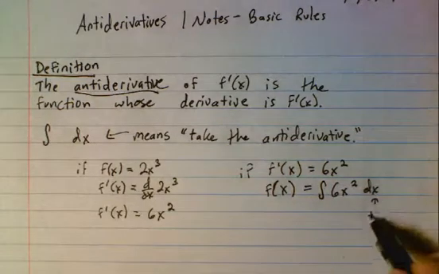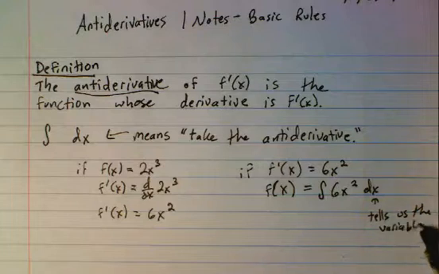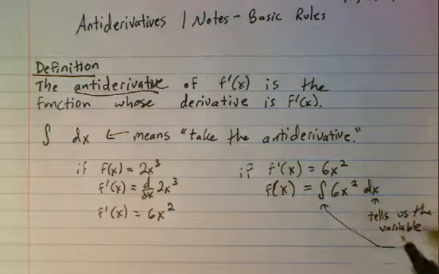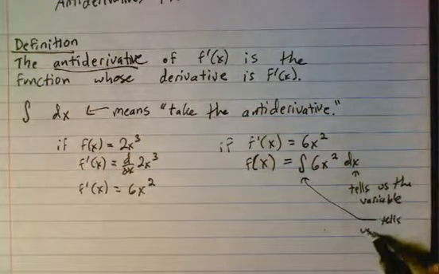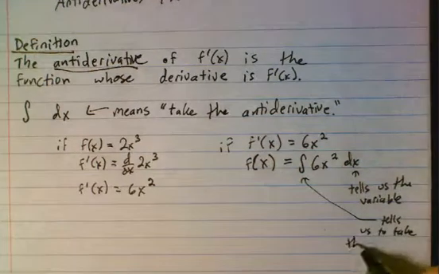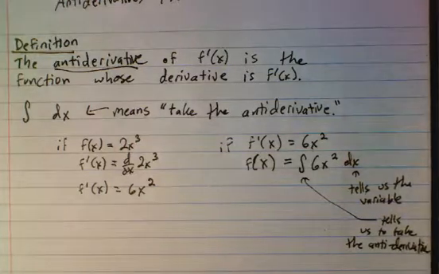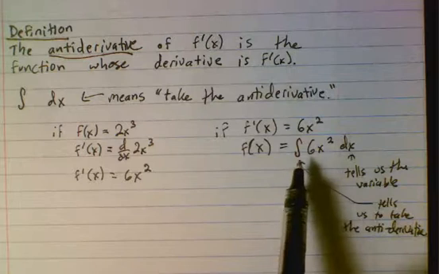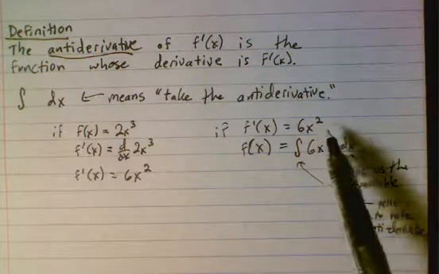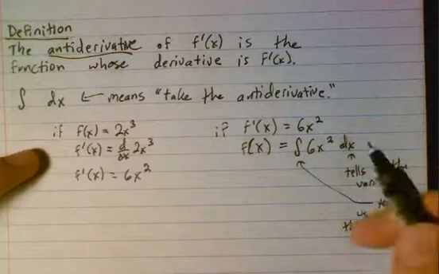And this dx tells us our variable, and this right here tells us take the antiderivative. So what this is saying is find the function whose derivative is 6x squared. Well, we just looked over here, we knew what that was. It was 2x cubed.